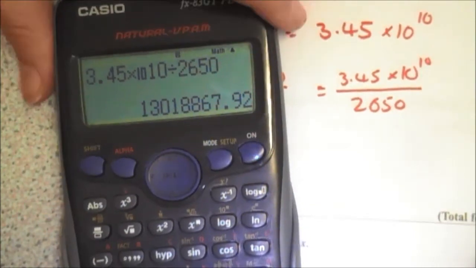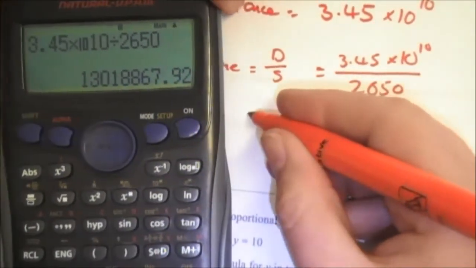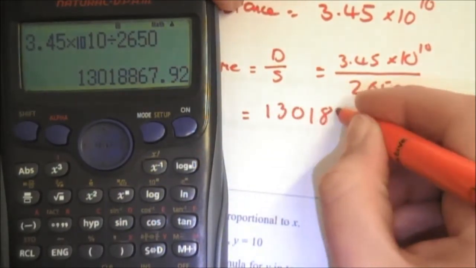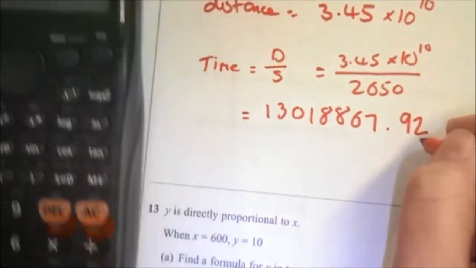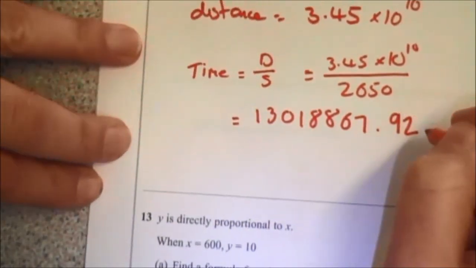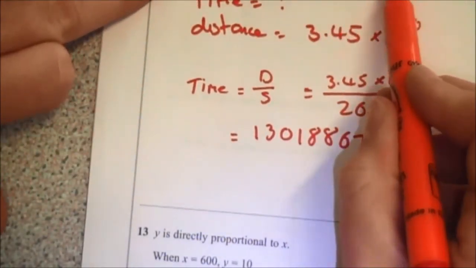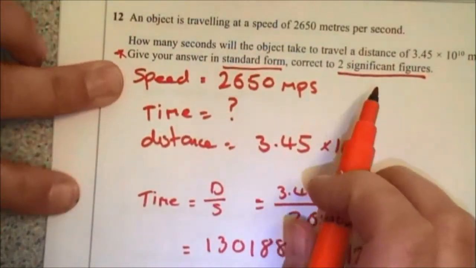Equals, and I'm going to write all of the numbers on that display down first. So that's 1301886.92. So by writing it all down means I've secured at least one of my marks. Now I need to round it to two significant figures and put it into standard form.